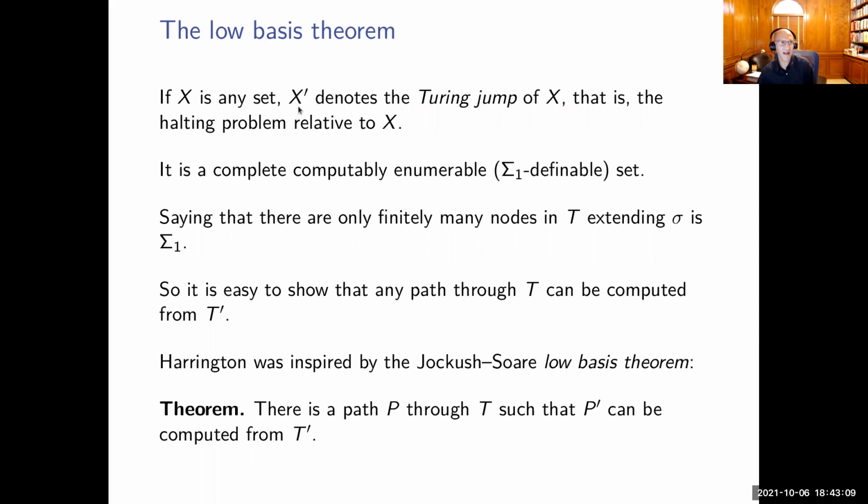If X is any set, X prime denotes the Turing jump of X, which is the halting problem relative to X. It's a complete sigma 1 definable set relative to X. The low basis theorem says that if you have a computable infinite binary tree, there's a path through that tree such that not only can you compute that path from the Turing jump of T, but you can compute the Turing jump of that path from the Turing jump of T. This roughly says that any sigma 1 property relative to that path is computable from the halting problem of the original tree.